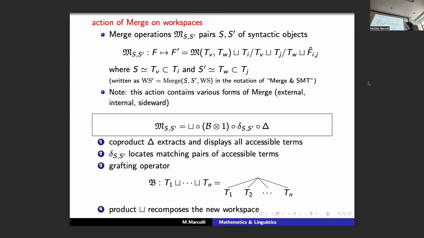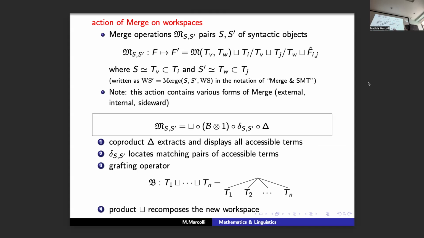You have a workspace. The new workspace is going to have a new structure built from matching terms that you find somewhere among the accessible terms. Then you have some components where you cancel the deeper copy, whatever portion you're taking, and then you have the remaining components that stay what they are.